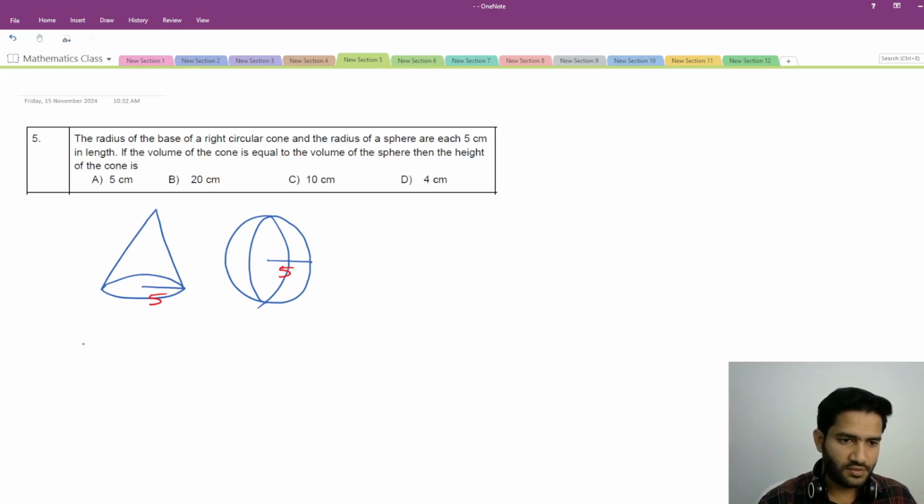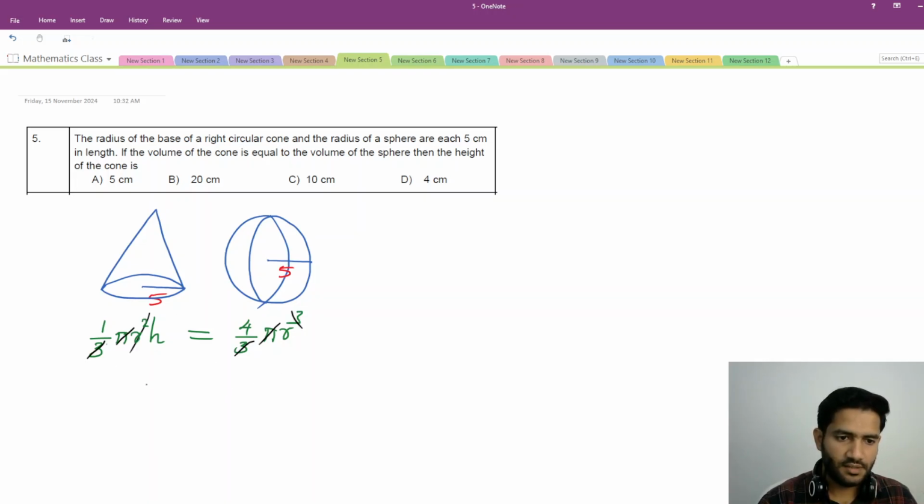The volumes are equal. The volume of the cone is 1 by 3 pi r square h, and the volume of a sphere is 4 by 3 pi r cube. It is given that both are equal, so we can cancel the 3 and the 3 pi r square.